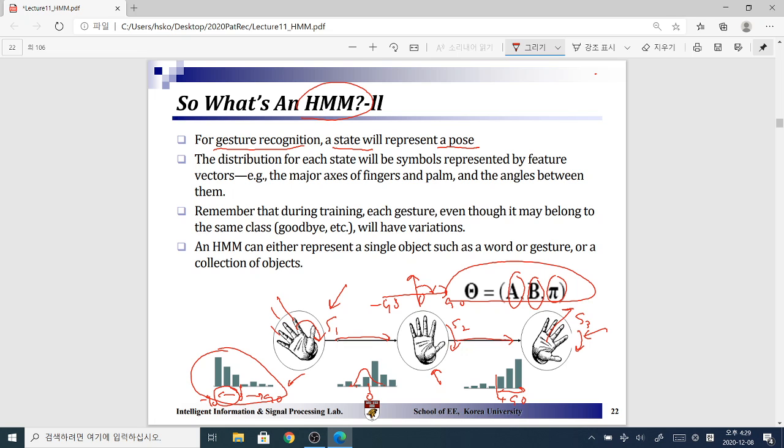As a result, the feature set, which is extracted by once again looking at the direction of the fingers and their distributions, can be extracted in terms of the distribution here.